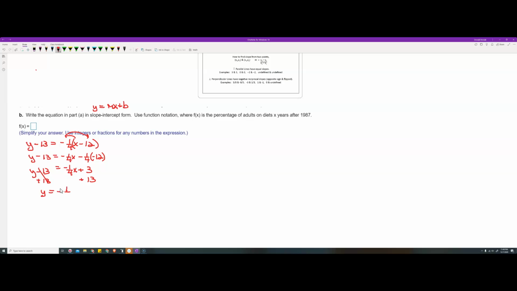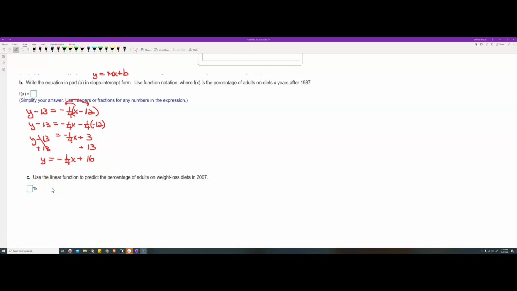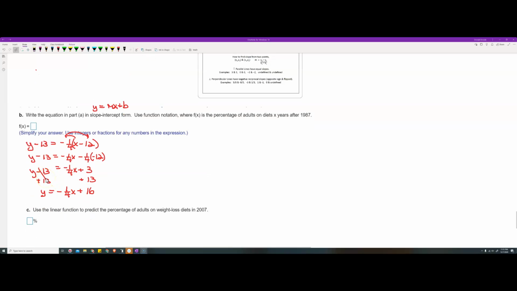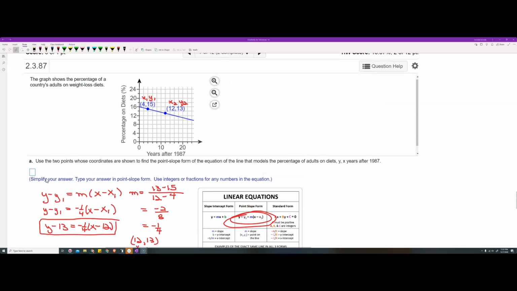And there's the equivalent equation in slope-intercept. Use the linear function to predict the percentage of adults on diets in the year 2007. So our x value is the number of years after 1987. So 2007 is 20 years after 1987.